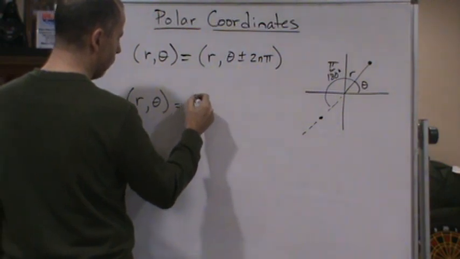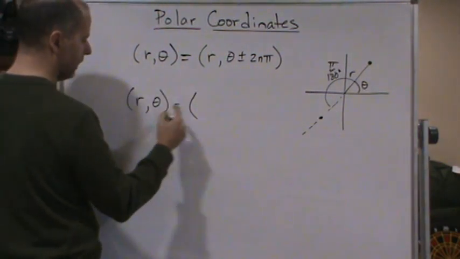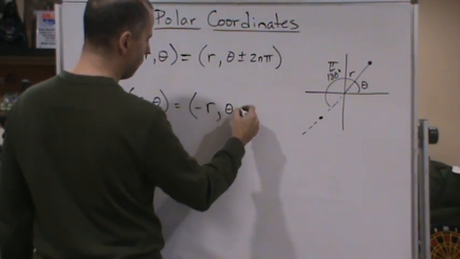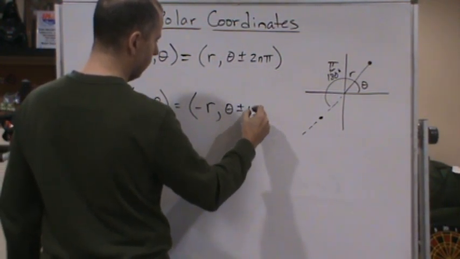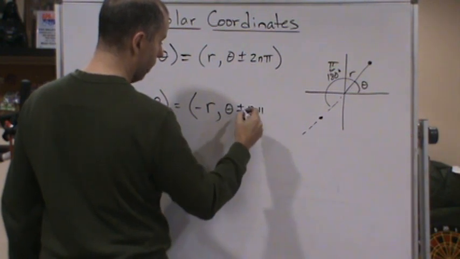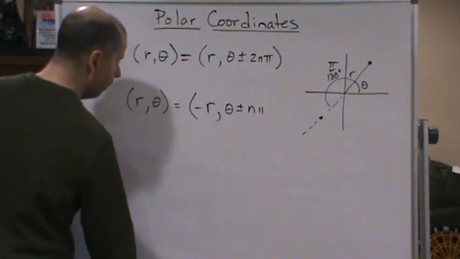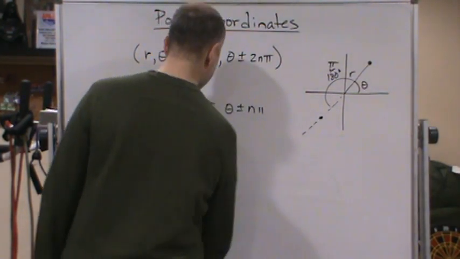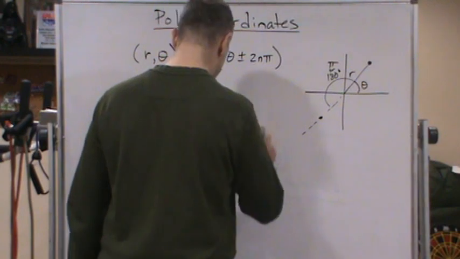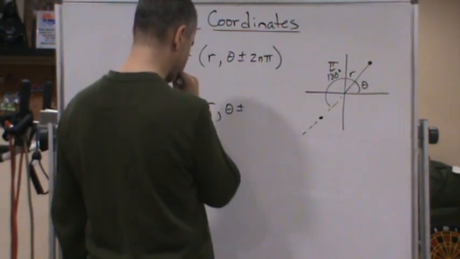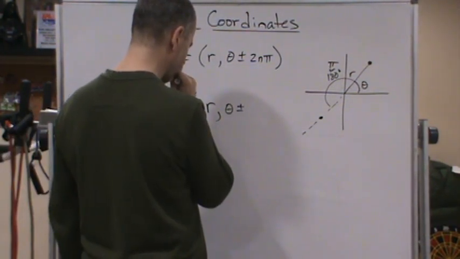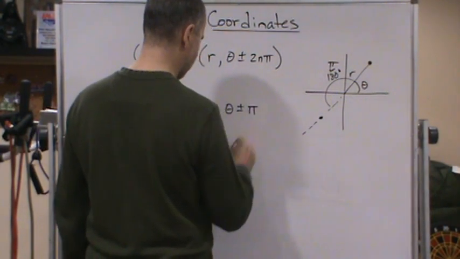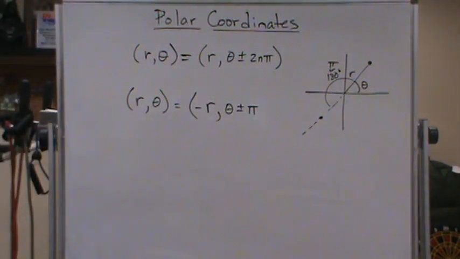So I can write it more generally. This point is going to be the same as negative r, but then I have to add or subtract pi. Gotta be careful here. I'm going to say pi. Let's just start with pi. So add or subtract pi.